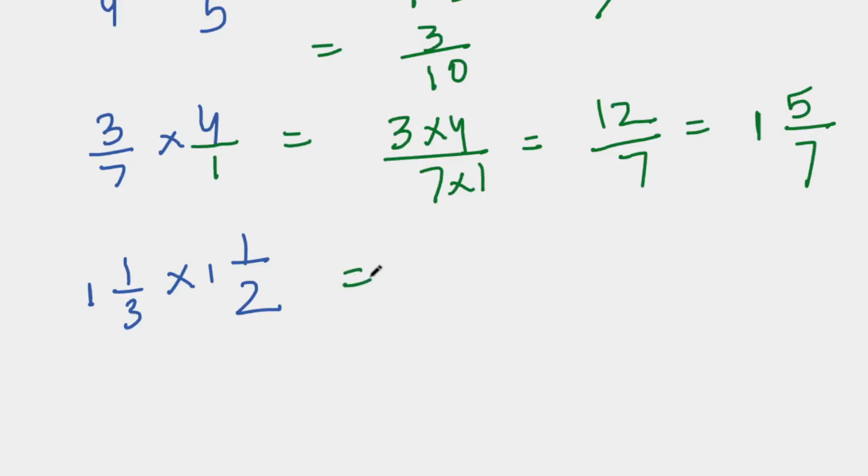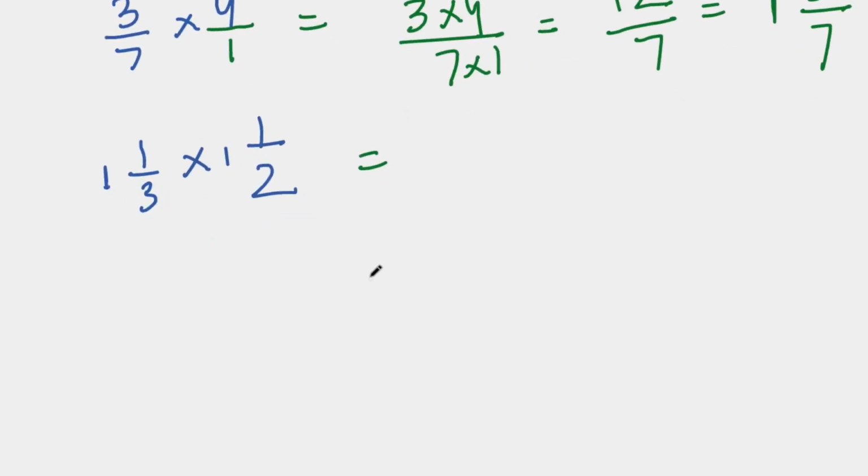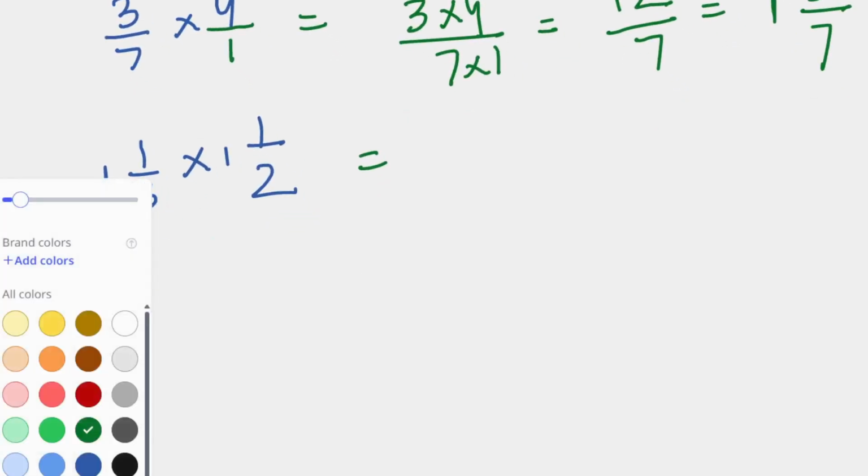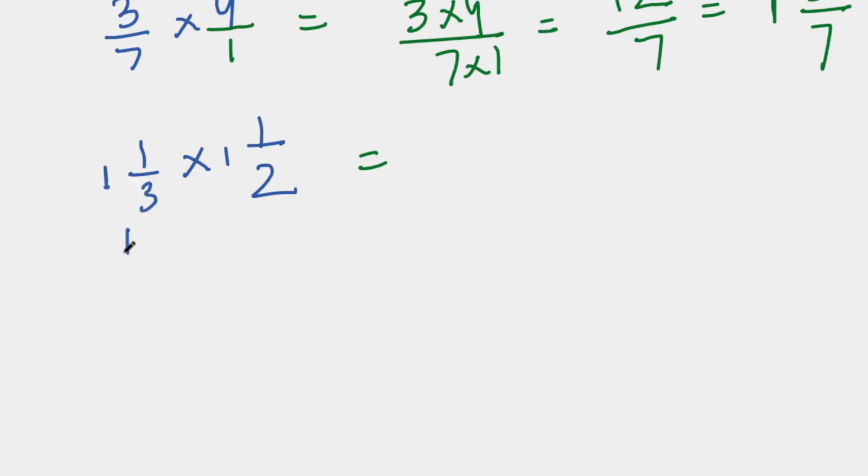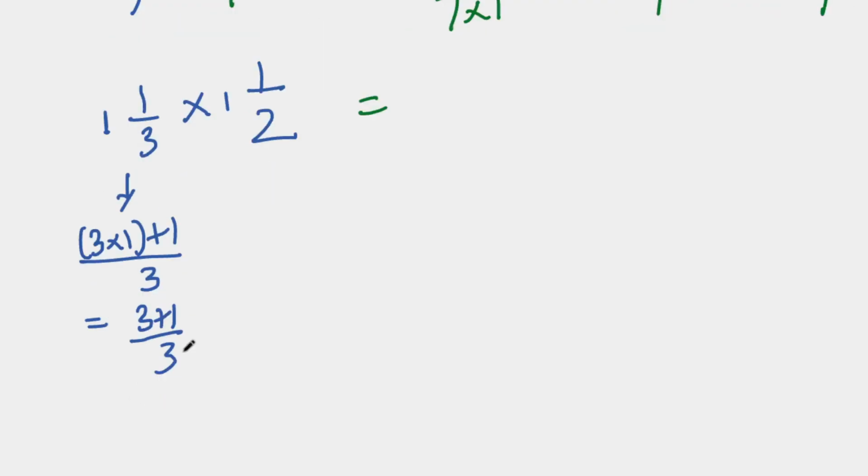Now here, let's convert mixed fractions into improper fractions first, okay? So this one becomes 3 times 1, multiplying the denominator with the whole number and then adding the numerator. Denominator remains the same. We get 3 plus 1 upon 3. It gives us 4 by 3. Alright.